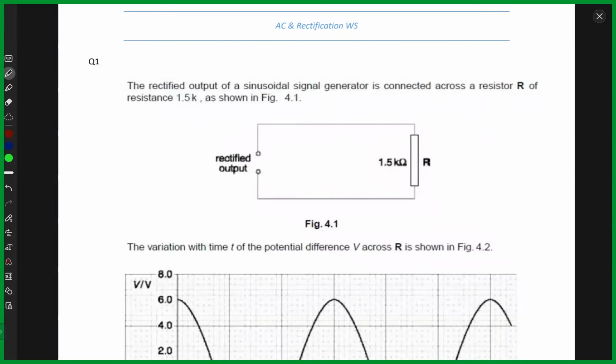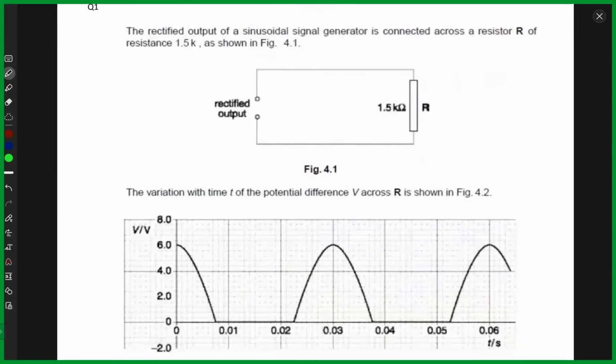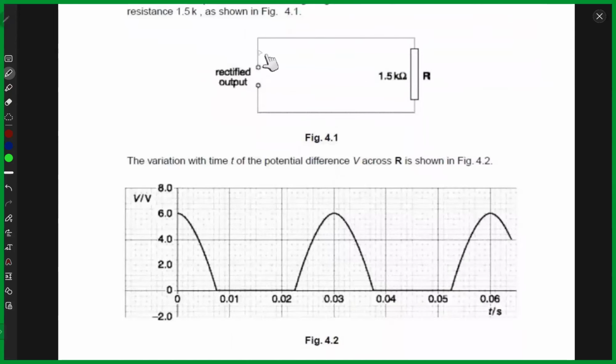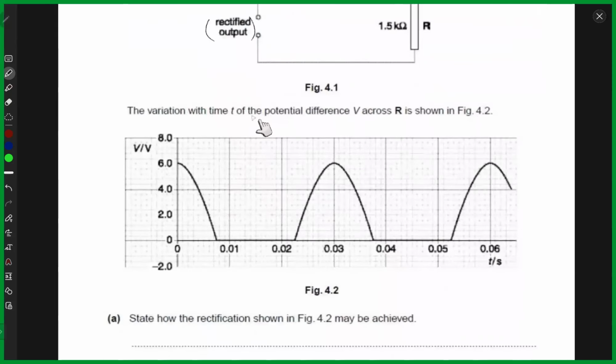They have already mentioned that the output has been rectified, so it has already passed through a rectifier and then comes into this resistor R. The variation with time t of the potential difference V across R is shown in this figure. The graph also tells you that rectification is already done.